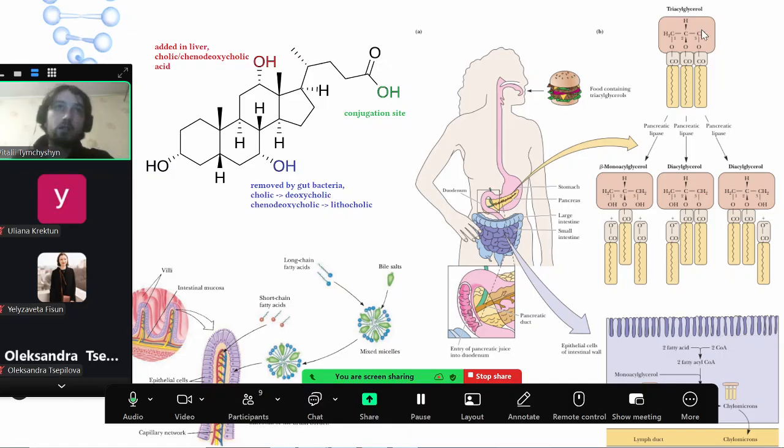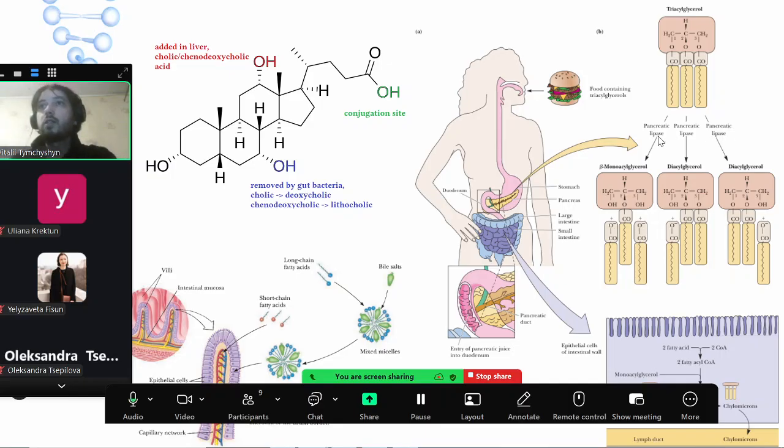So that's an alcohol that has 3 OH groups, pretty simple structure. And here you have these ester bonds that were created by reacting that OH group with the acid group of 3 different fatty acids.